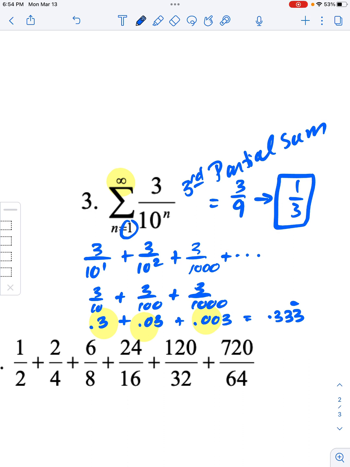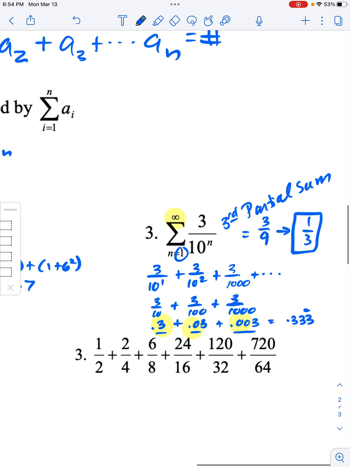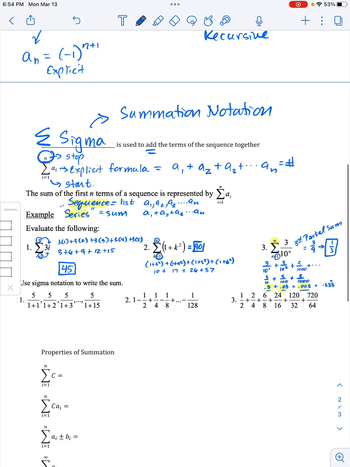Also keep in mind, every step we're taking here, it gets a lot smaller. 3/10 versus 3/100ths versus 3/1,000ths, then 10,000ths, 100,000ths, and so on. So that 1/3 is a really good value, even though you can never get to infinity. When you have 3 over infinity, it's basically 0. So you're not adding anything of significance on there.